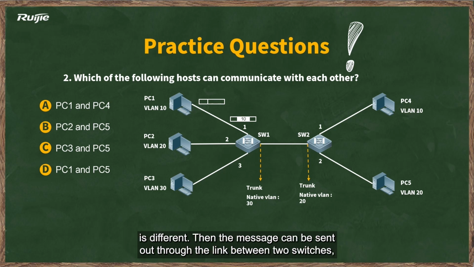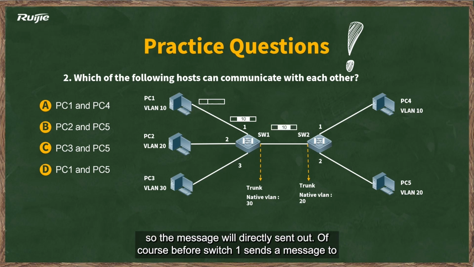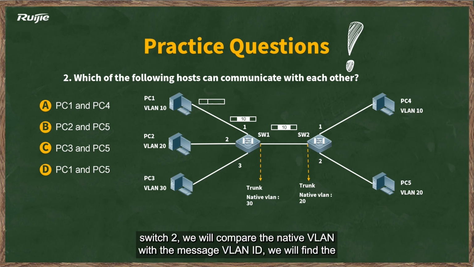Then the message can be sent out through the link between the two switches. Of course, before switch 1 sends a message to switch 2, we will compare the native VLAN with the message VLAN ID.